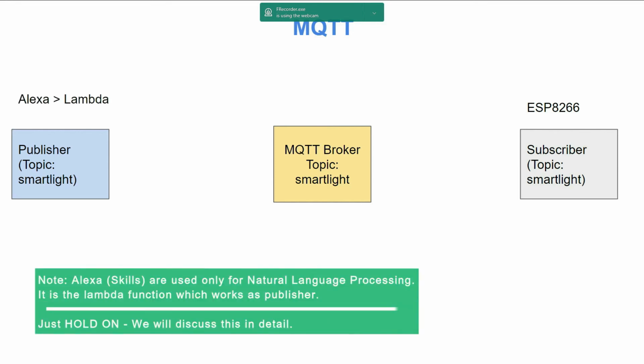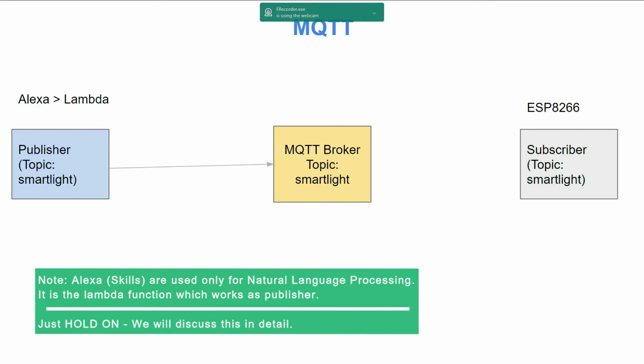In our case, who would be the publisher? Since we want to control the light using Alexa, Alexa is going to be our publisher. One important thing: Alexa will need the help of Lambda functions to send the messages using the MQTT protocol, and we will discuss this in detail in our upcoming tutorials.